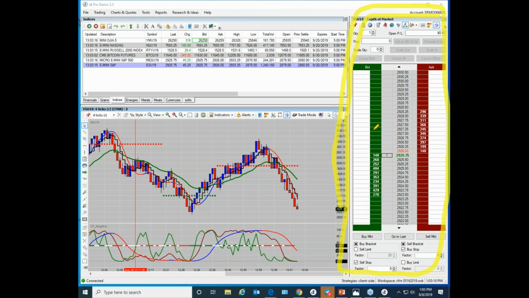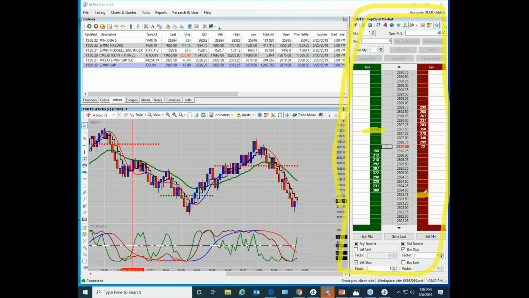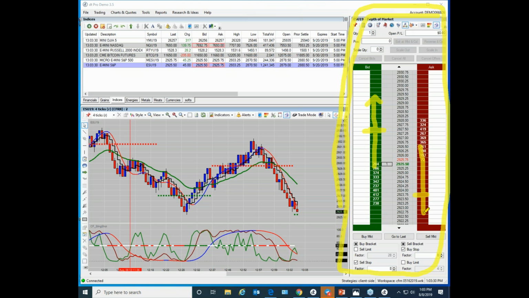So chances are he is either placing an order to get long above the market or below the market. He's going to be entering on a stop if the market goes up, or he'll be entering on a stop if the market breaks down, depending on what the market's doing and if all the rules apply. So again, he's placing an order in advance.